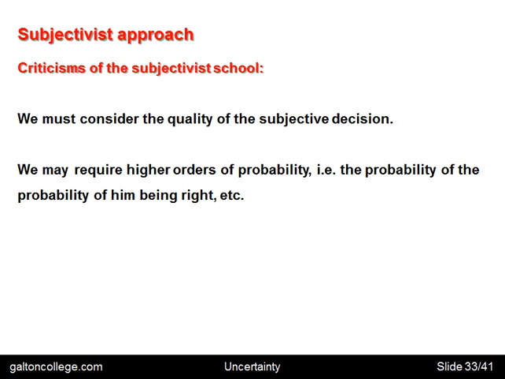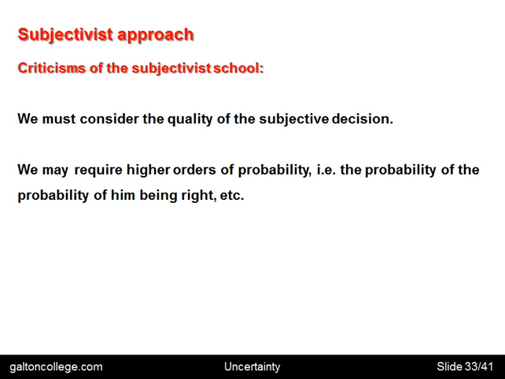So we have a person who's going to make a decision, try to say, well, the chances of rain next Sunday is going to be 50%. So some person said that, and I have to think, well, what's the chances of that person being right about that probability?